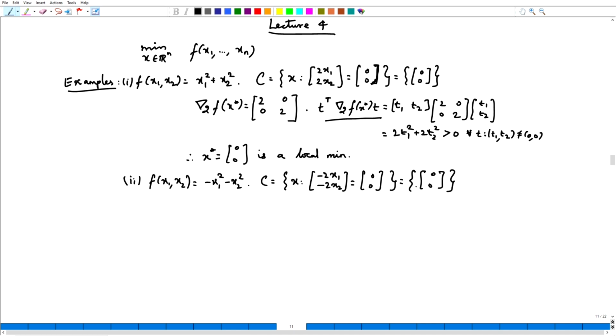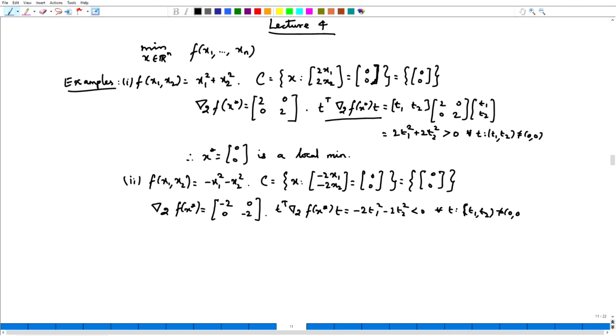Okay. So, here you have del 2 f of x star is [-2 0; 0 -2]. Okay. So, you have T transpose del 2 f of x star T is minus 2 T1 squared minus 2 T2 squared, which is less than 0 for all T such that T1, T2 is not 0, 0.